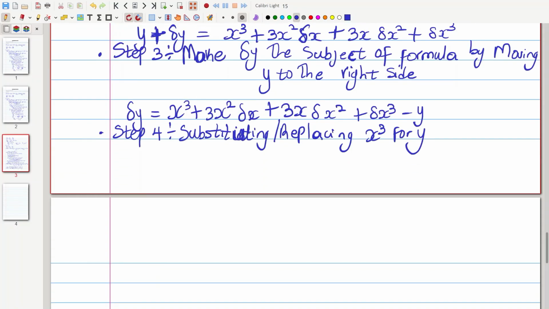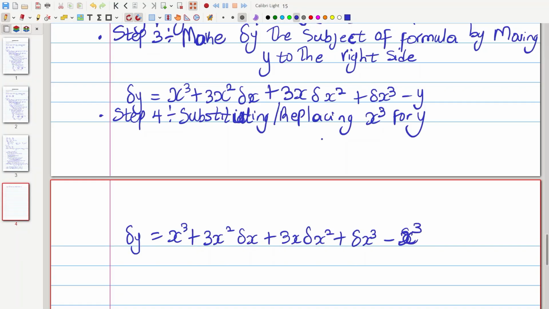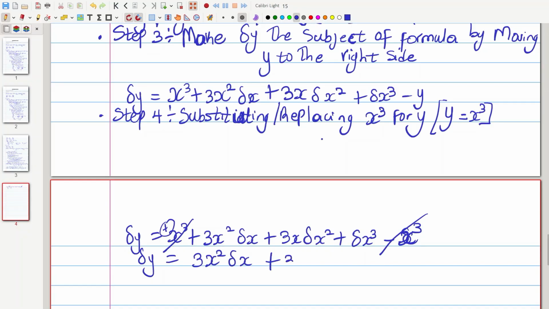So this will be delta y is equals to x cube plus 3x squared plus 3x delta x squared plus delta x cube minus x. So this will cancel this. So this should be delta y is equals to 3x squared delta x plus 3x squared plus.